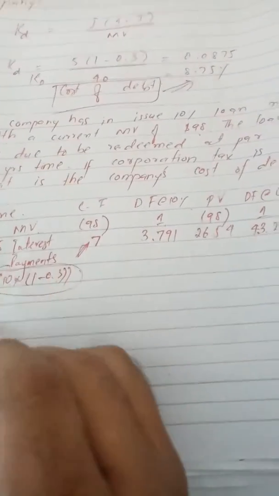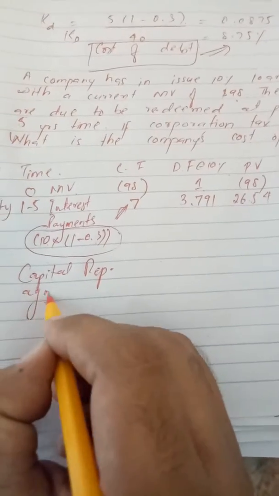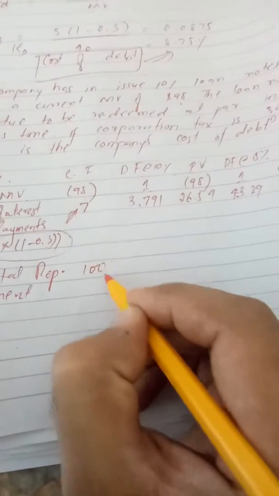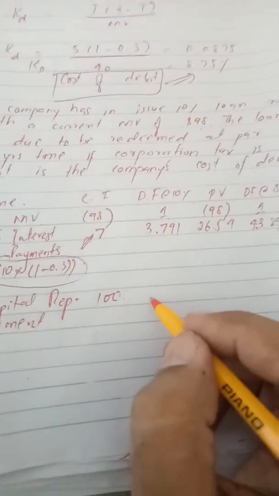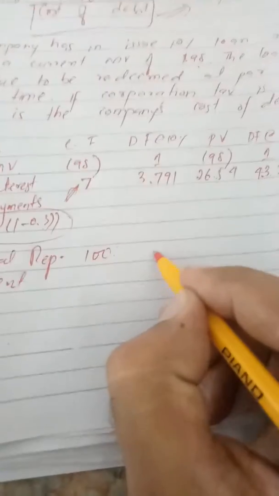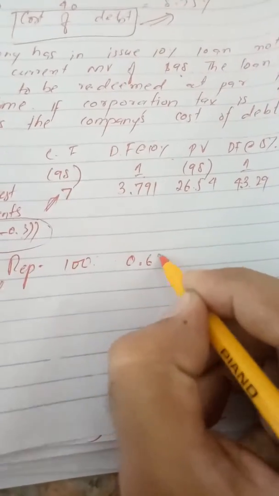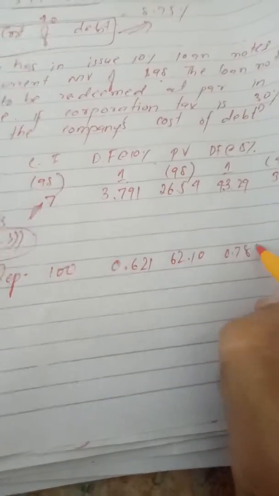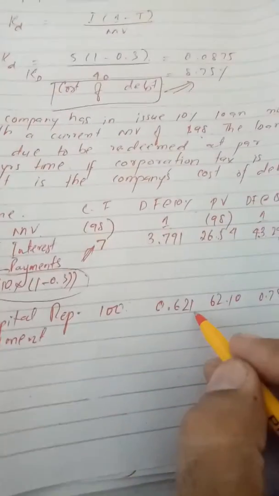And the capital repayment is 100, and the discount factors would be 0.621, so 62.1, and 0.784, so that would be 78.4. Okay, so this is how you're going to show it.